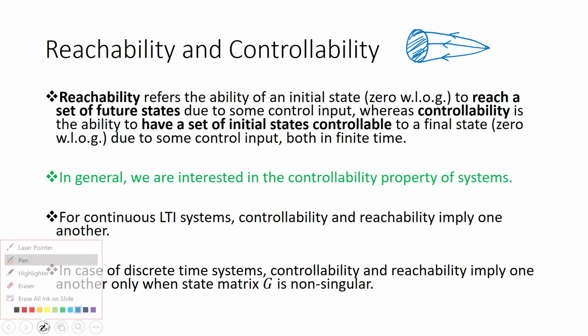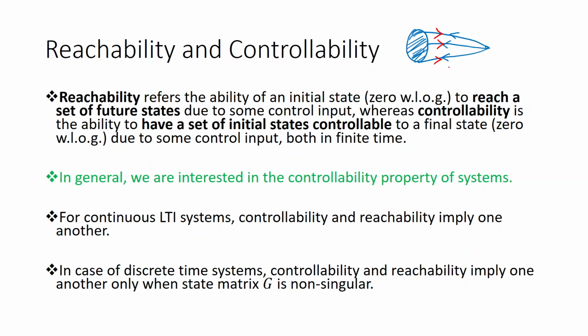You can also ask the question whether I am able to reach this particular state from this set of states. So whether this inverse relationship is true or not, that is the question of controllability.